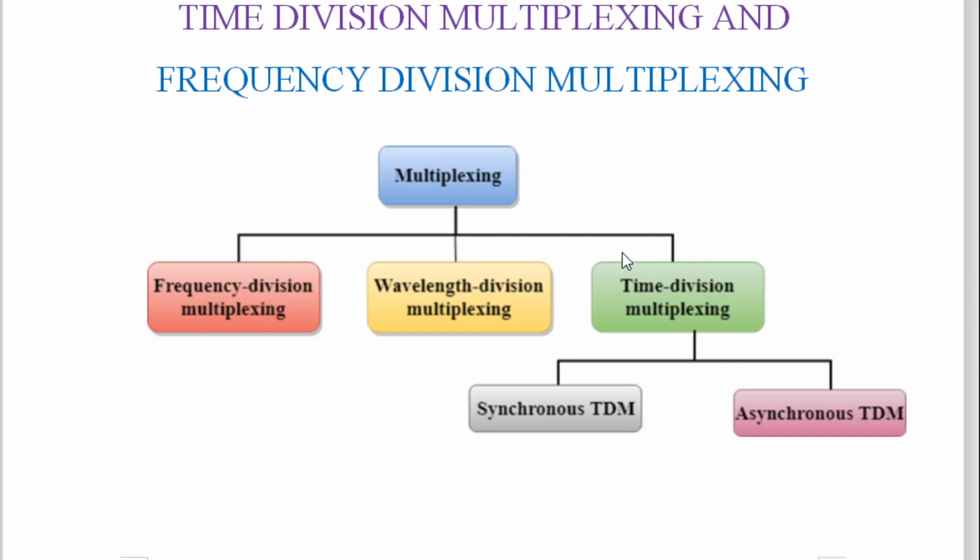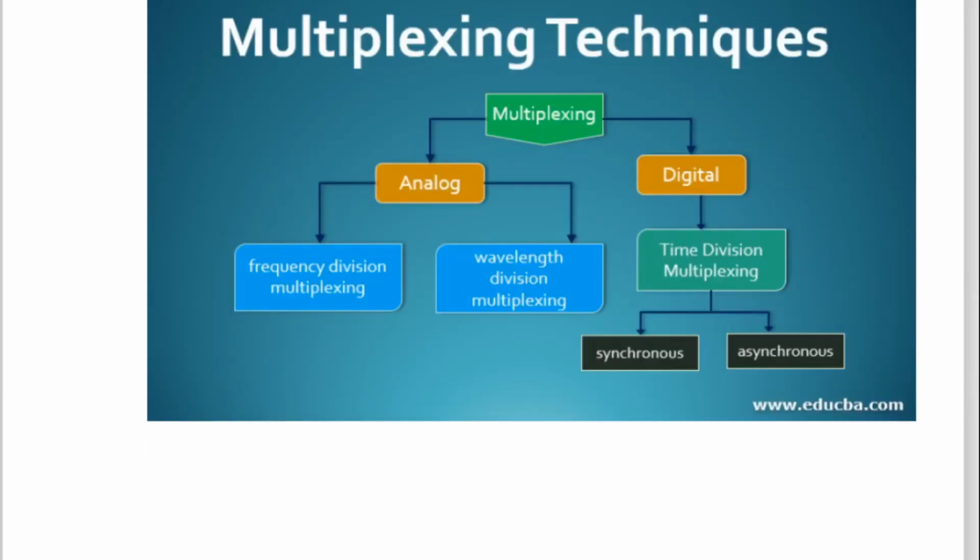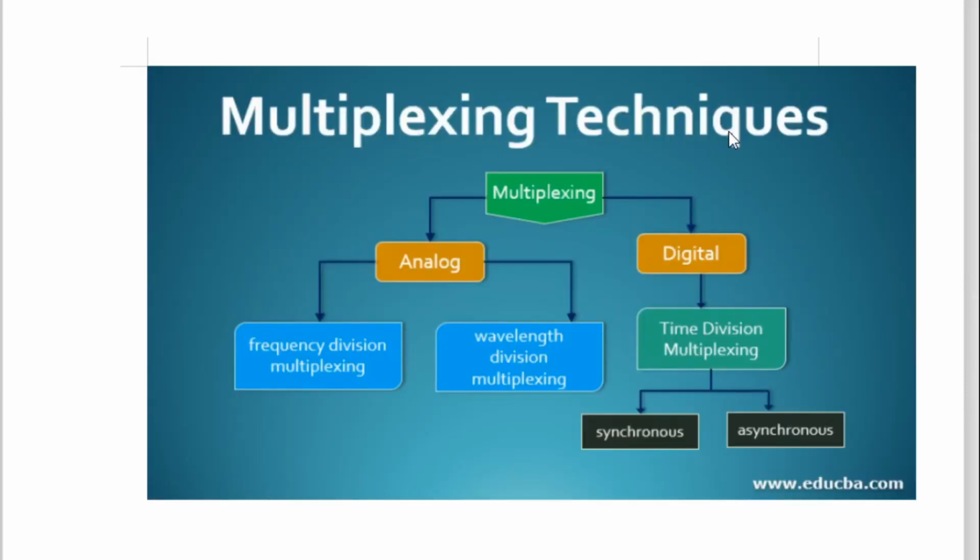Now some people also classify multiplexing from a slightly different angle, and that I will also show you. Here, the multiplexing techniques are classified as analog and digital. In analog multiplexing, frequency division multiplexing and wavelength division multiplexing are there.